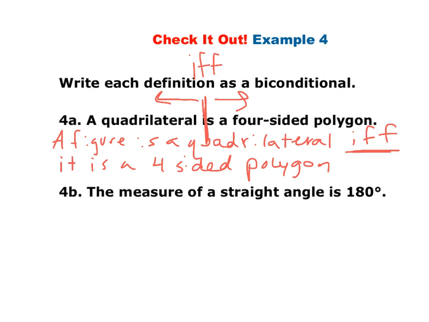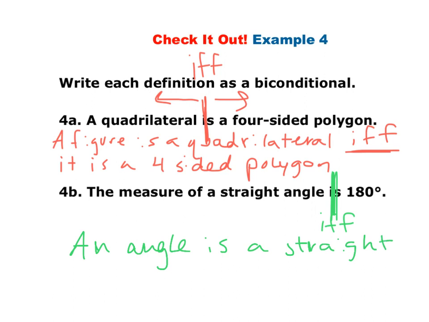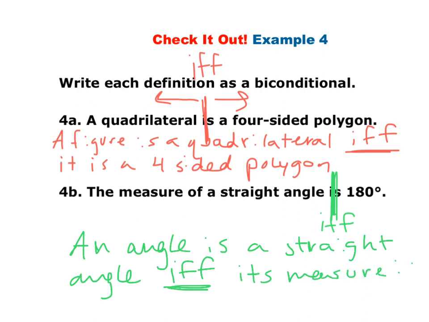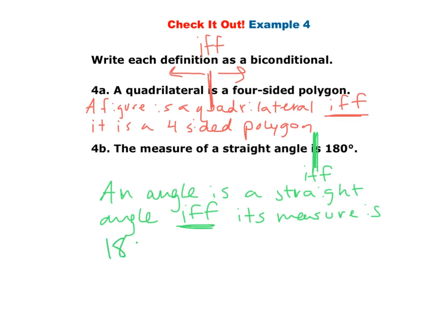So now let's look at 4b. The measure of a straight angle is 180 degrees. So there we see the word is. So we would put if and only if here. So we would have an angle is a straight angle if and only if its measure is 180 degrees.